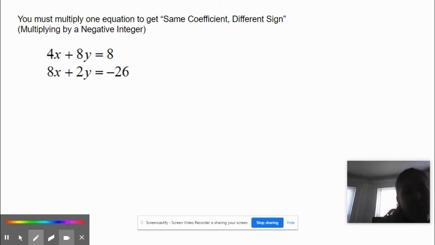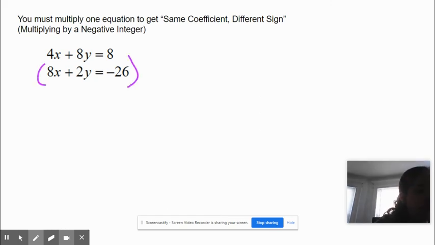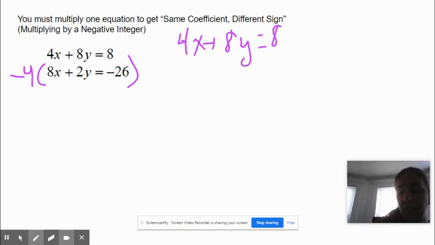And if I wanted to, since I have the option to eliminate whatever I want, I could go ahead and multiply this one by -4 and focus on eliminating the y's this time to get myself my x. So you don't have to do it this way. You can continue the normal way. But for those of us that are a little steady in this, we could do it this way.